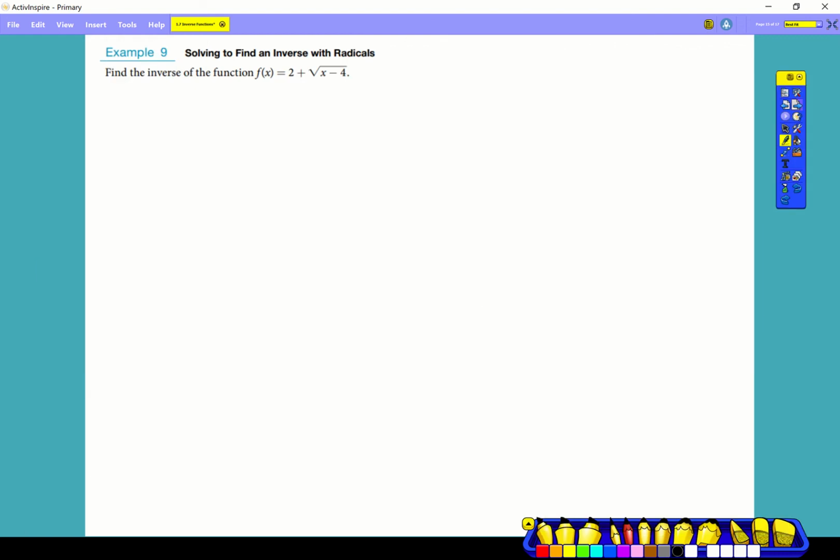Okay, so solving to find an inverse with radicals. What is the first thing we are going to do? We're going to make it y equals. And then what are we going to do? Well, I would suggest getting the square root alone.